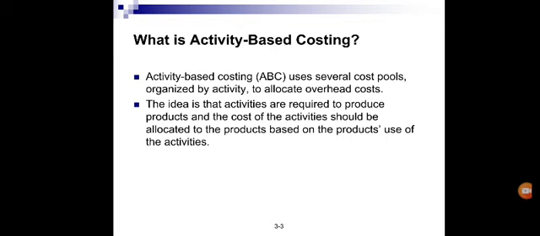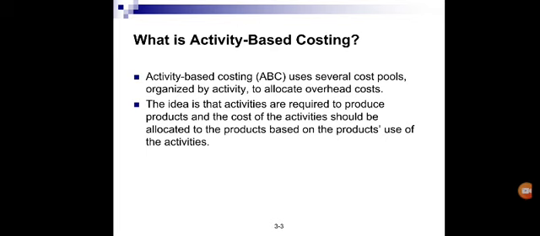Maybe you will use machine hour to calculate the predetermined overhead rate, because we can assume that manufacturing businesses that produce soft drink are most of the time machine intensive. Okay, that is traditional costing system.